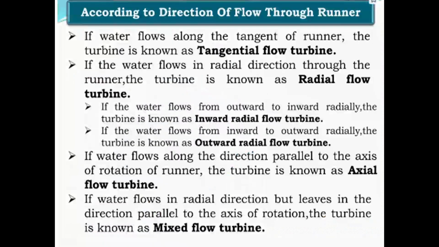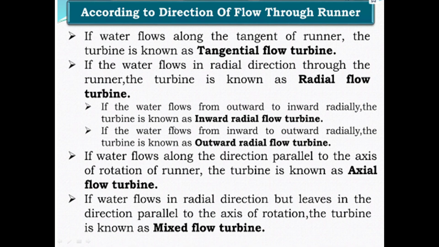Now, I have already told you the first classification is based on the energy. They are impulse and reaction turbines. The impulse turbine example is the Pelton wheel, and the reaction turbine examples are the Francis turbine and Kaplan turbine. Now the second classification is according to the direction of flow through the runner.